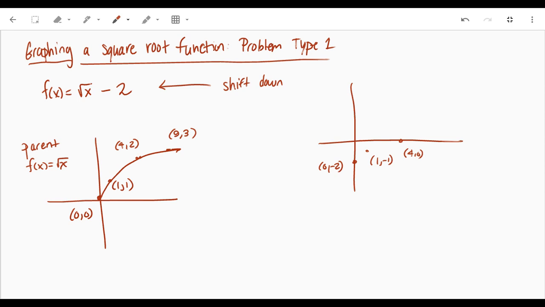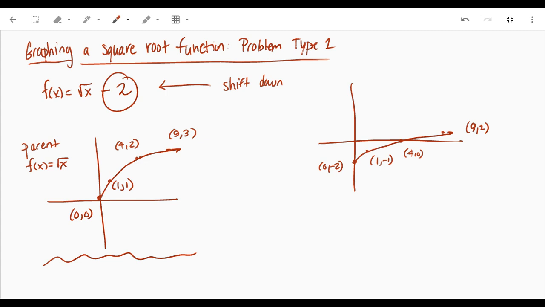Okay, so I literally just took each of those 4 points and moved them down 2 units and try to maintain that same shape. It's just my scale's off by a little bit between the two. Okay, that's all you're going to do. Okay, so use this parent graph and just take a look at what kind of shift they're asking you to do.